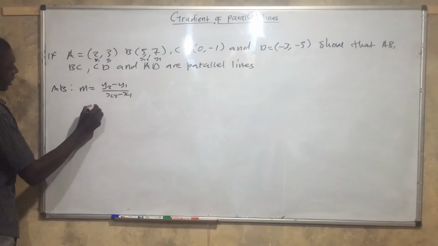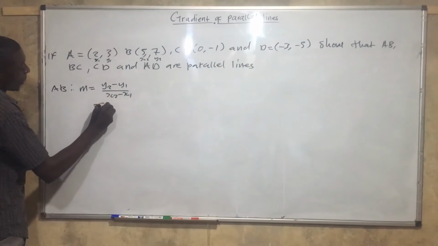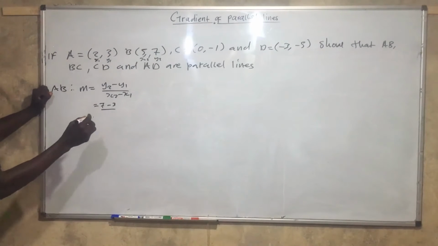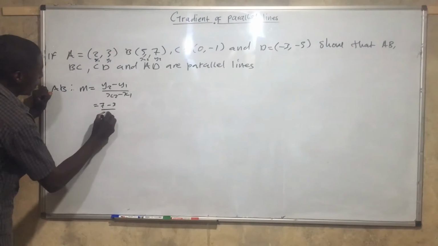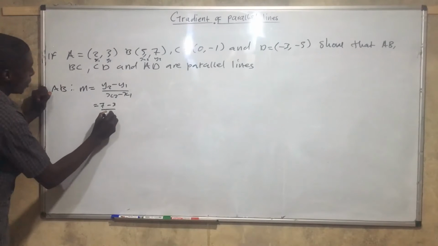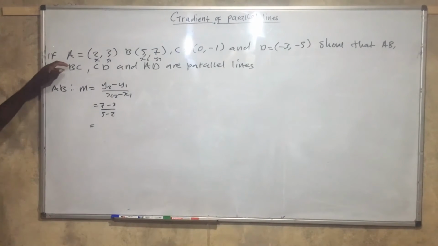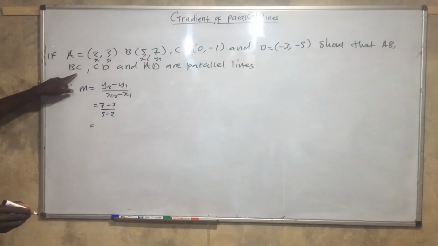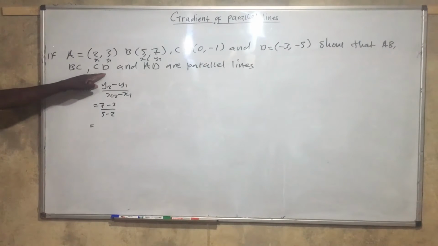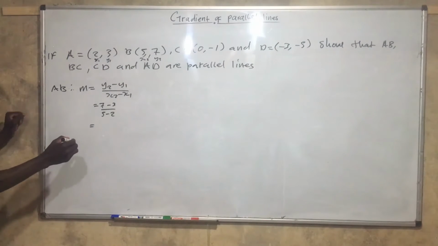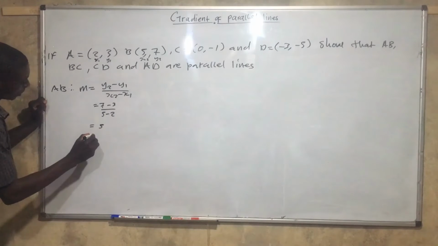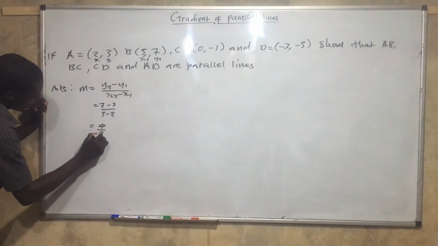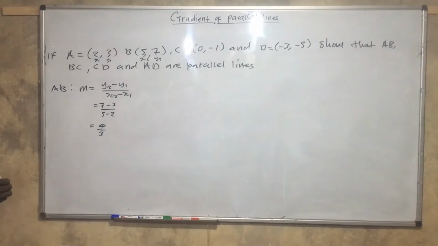So the gradient of this will be 7 minus 3 over 5 minus 2. We are trying to find out if line AB will be equal to one of the lines, maybe BC, CD, or AD. So this will be 4 over 3. It means we have found the gradient.